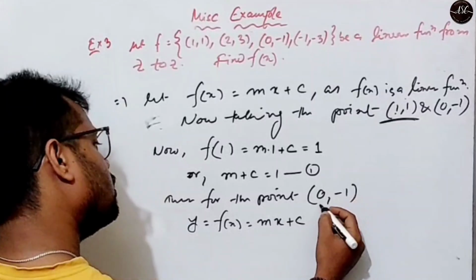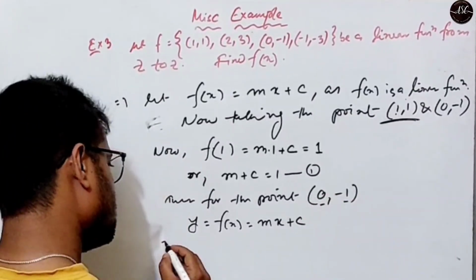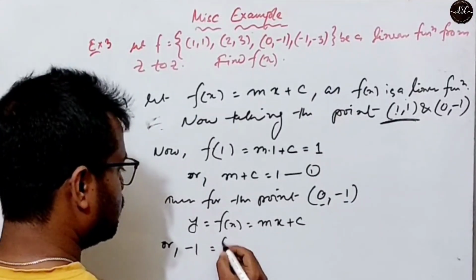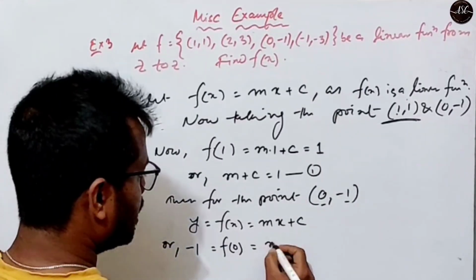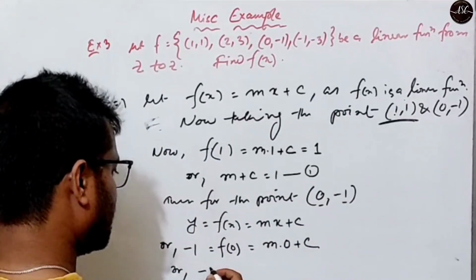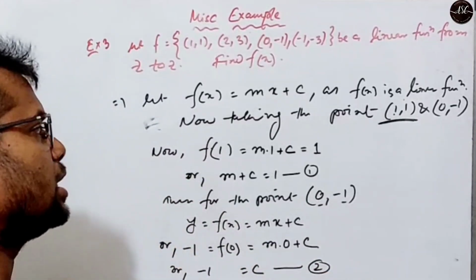Now put this value. Here x equal to 0, y equal to -1, or -1 equal to f(0) equal to m dot 0 plus c. That means -1 equal to c. So this is our second equation.